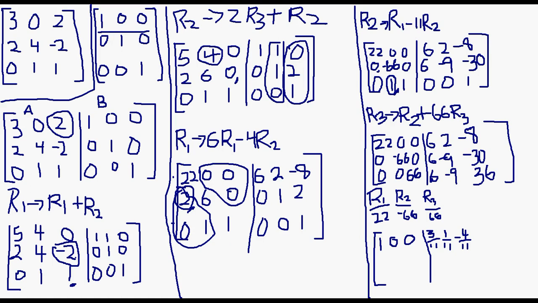And then here we are dividing through by negative 66. So 0 divided by negative 66 is 0. Negative 66 divided by negative 66 is 1. 0 divided by negative 66 is 0. And then 6 divided by negative 66 is negative 1 over 11.